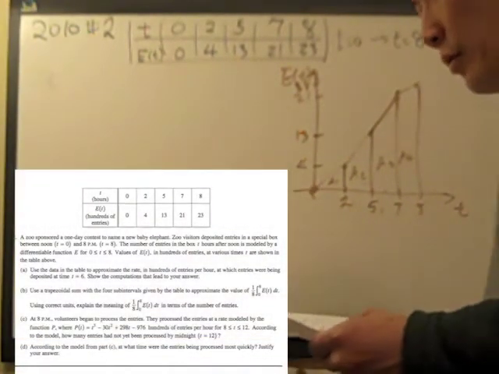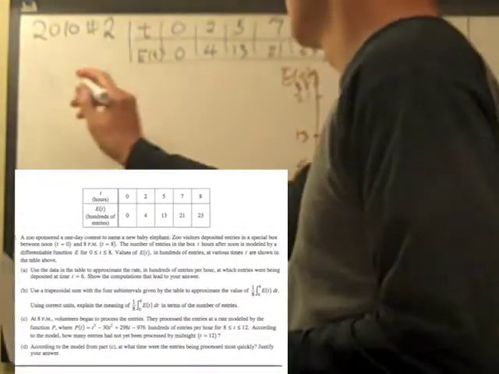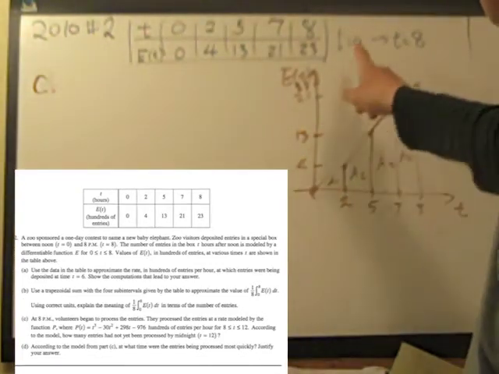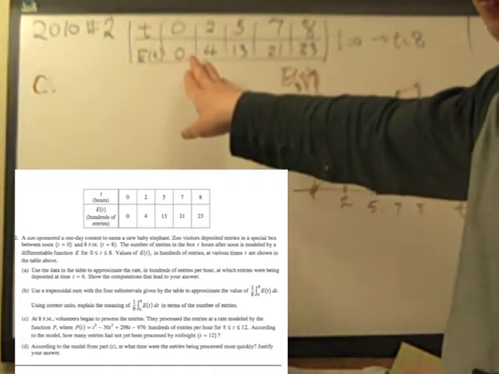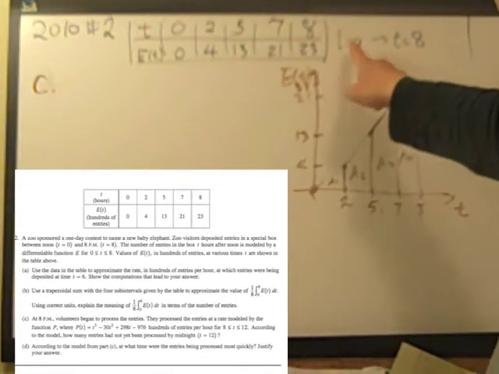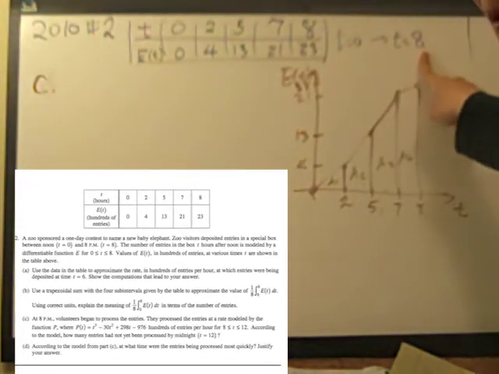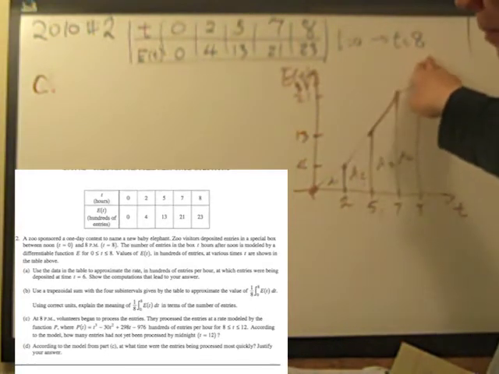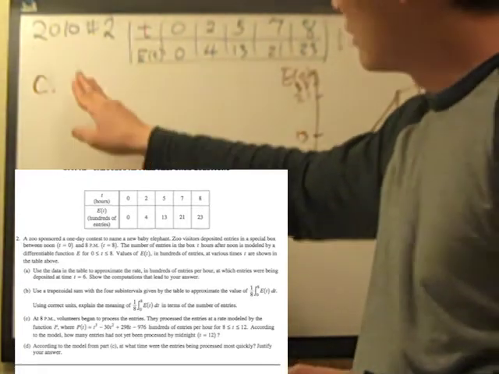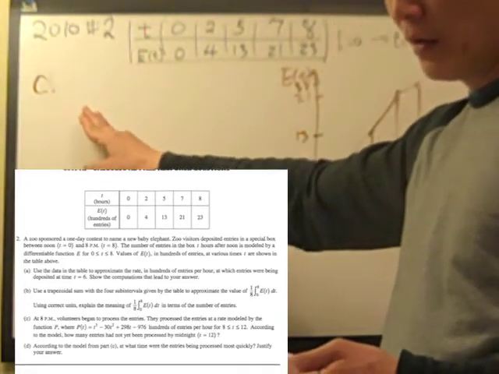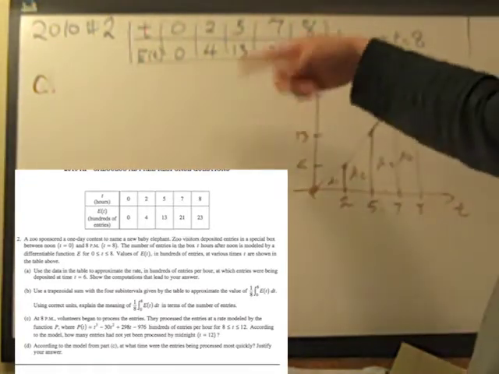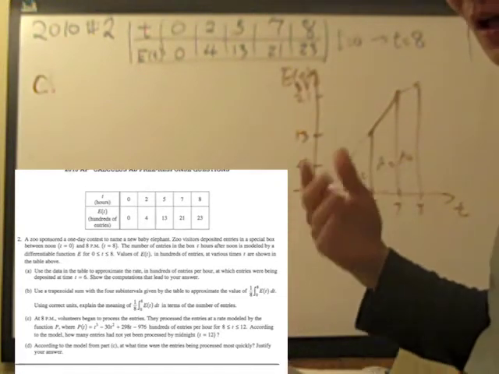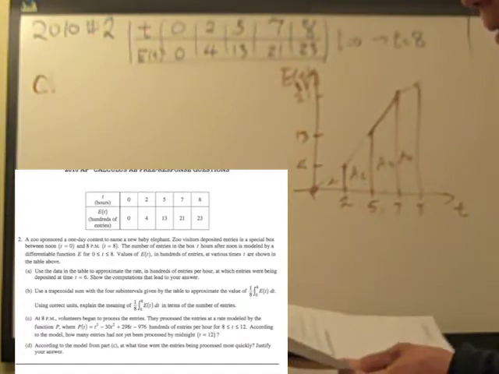Now, we're ready to work on part C. Let's read this together. Now, the number of entries that was coming in was from time equals 0 to time equals 8, which is going from noon to 8 p.m. Now, part C says, then at 8 p.m., volunteers begin to process all these entries, and they process the entries at a rate modeled by this.